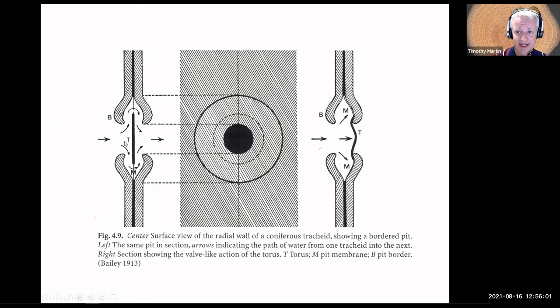So if we get an air bubble, for instance, in this tracheid, this torus margo structure will shut against the water-filled tracheid and prevent that air bubble from spreading into that water-filled tracheid. We'll talk a lot more about that process called embolism or cavitation later on, but just suffice it to say this structure acts as a valve.